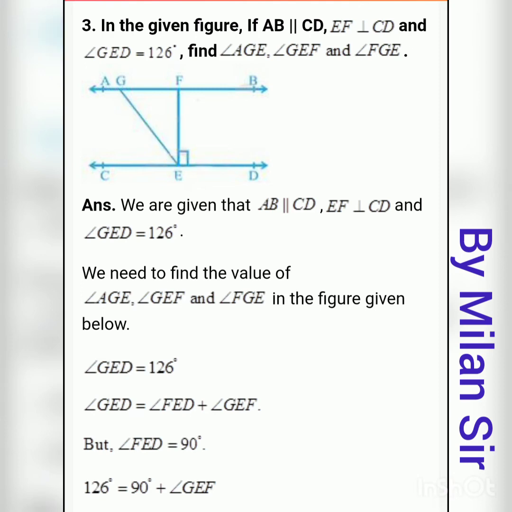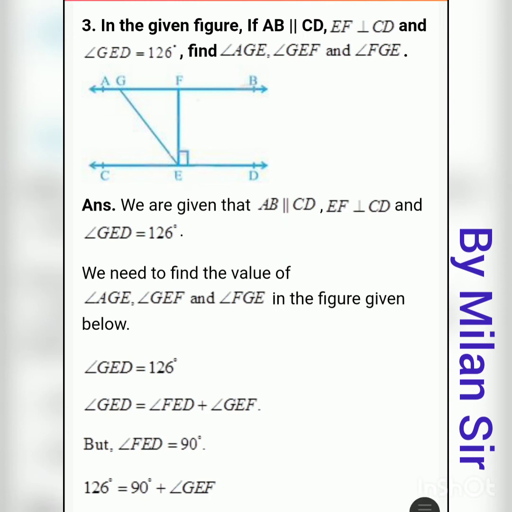We need to find angle AGE, that means this one. Then GEF, that means this angle, and FGE, that means this one. Okay, so we need to find a total of 3 angles.